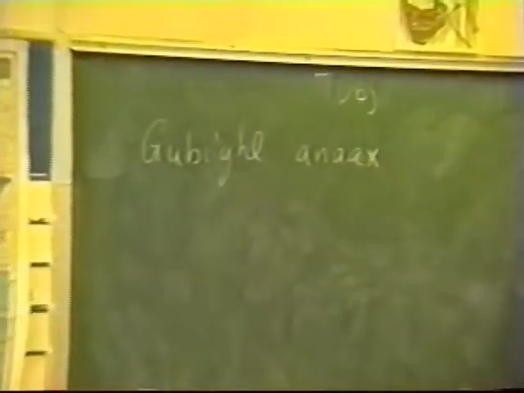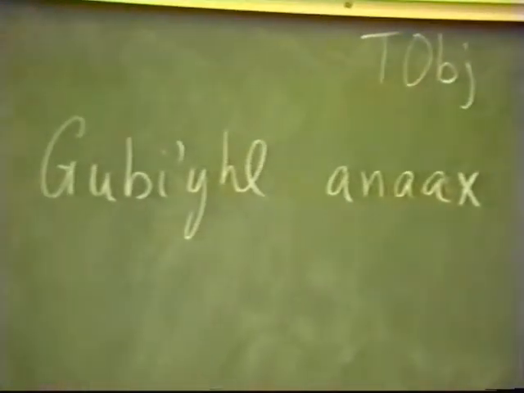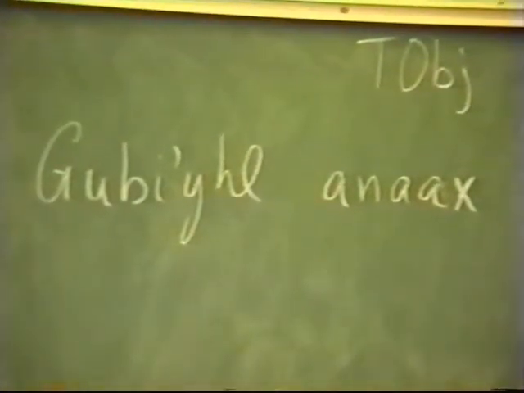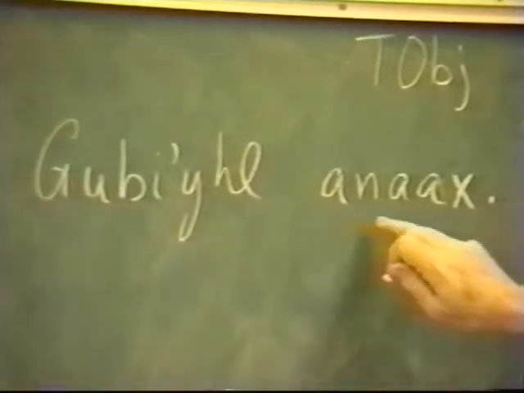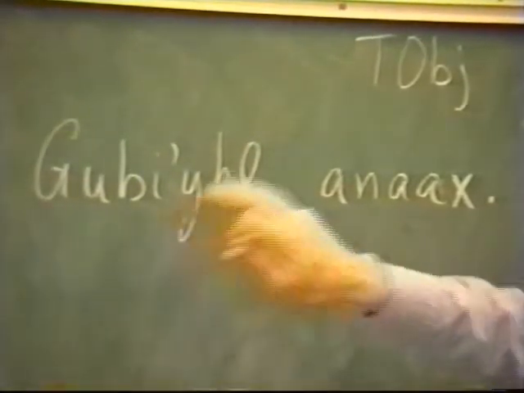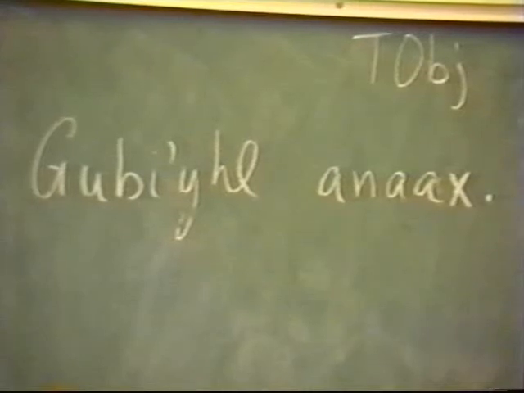Gub ich anash. I ate the bread. If you want to focus bread, you could also focus the I, and we'll do that later on. Well, we won't get to it today, we'll do it tomorrow.